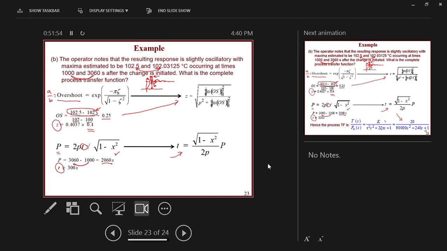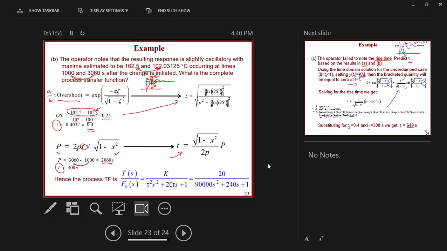Previously I've calculated the k, so I can put the transfer function as 20, the k, divided by 90,000, which is the tau squared, s squared plus 2 times zeta times tau, which becomes 240 seconds, plus 1. So this gave us the transfer function of the process.